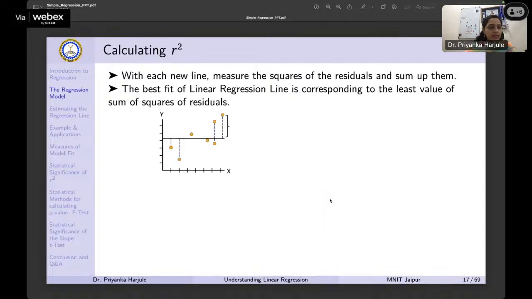So what is a residual? As I said, it is the vertical distance between the actual data point and the line. It is basically the difference between the observed value in your data set and the value predicted by the regression line. The sum of squared residuals is the total of all the squared errors between the observed data and the regression line.